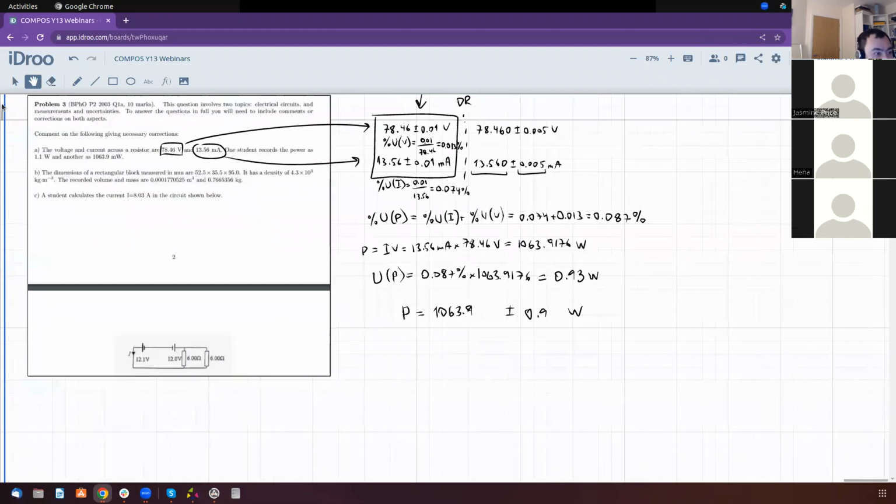So I would say the second student is correct. Well, more correct than, oh, that's milliwatts, of course. That's milliwatts. Now 1.1 is too rough because you have much more precise data than 1.1.